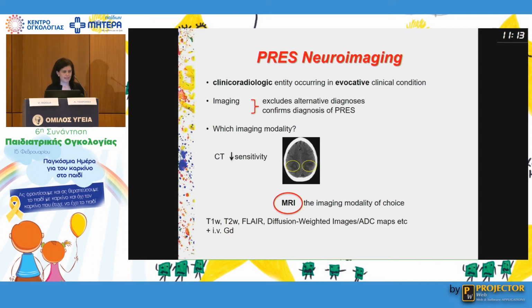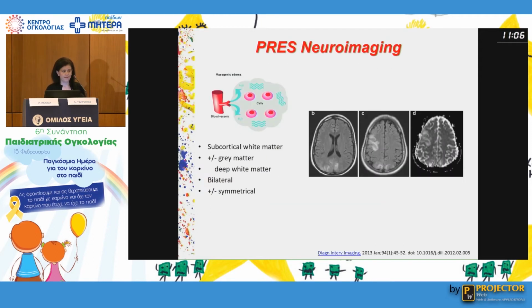We can have many sequences that give us a lot of information about the brain parenchyma. However, if I had to choose two sequences to make the diagnosis of PRES syndrome, I would choose FLAIR images and diffusion-weighted images. What happens in PRES syndrome is vasogenic edema.